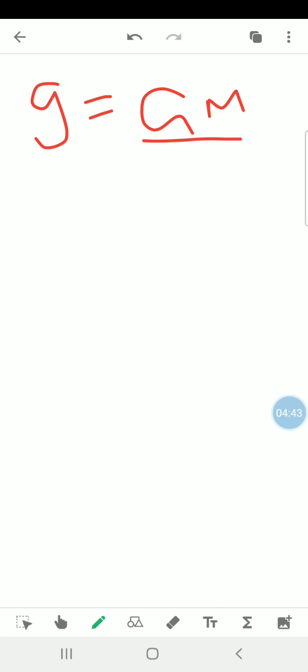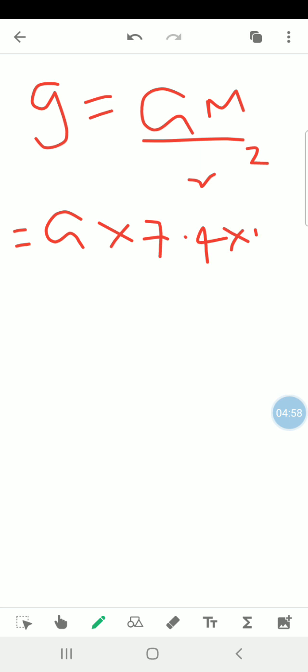So gravitational field strength on the moon, we know the equation g equals GM upon r squared. G is universal, I will leave it as it is. Then the mass of the moon is 7.4 times 10 to the power 22. That is from the table.